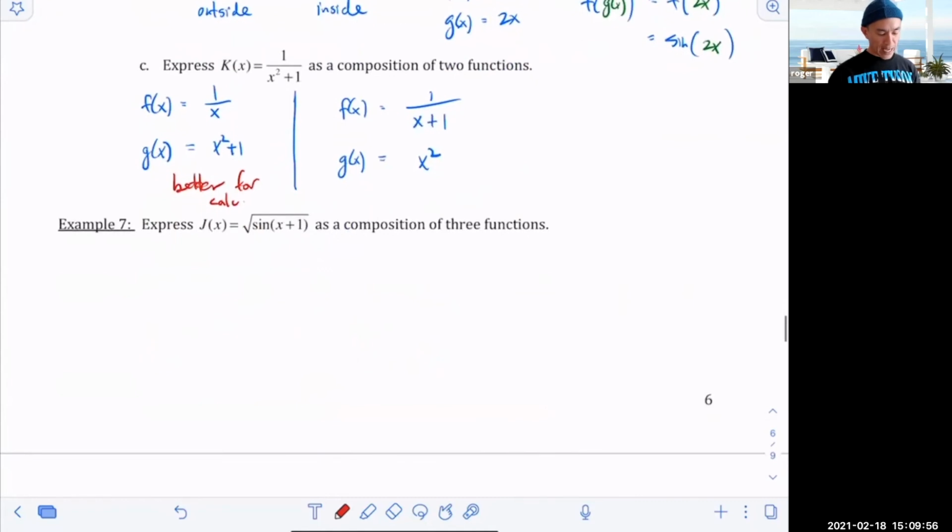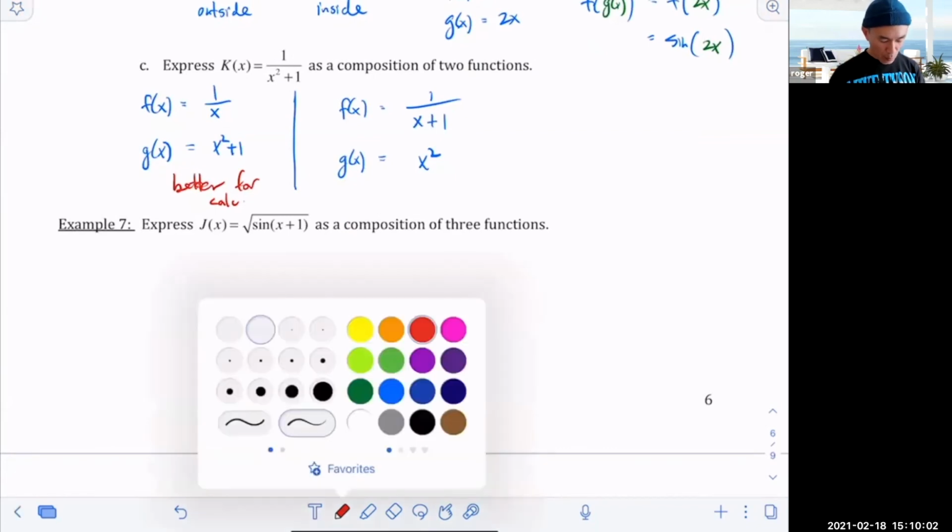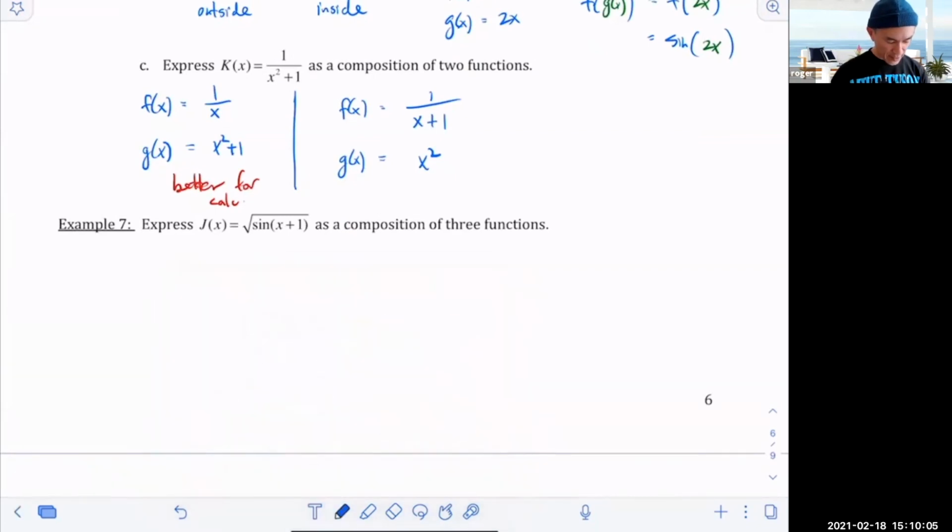So for example 3, we're going to have a composition of 3 functions here. What we want to do for example 7 is we want the outside, we want the middle, and then we want the inside.